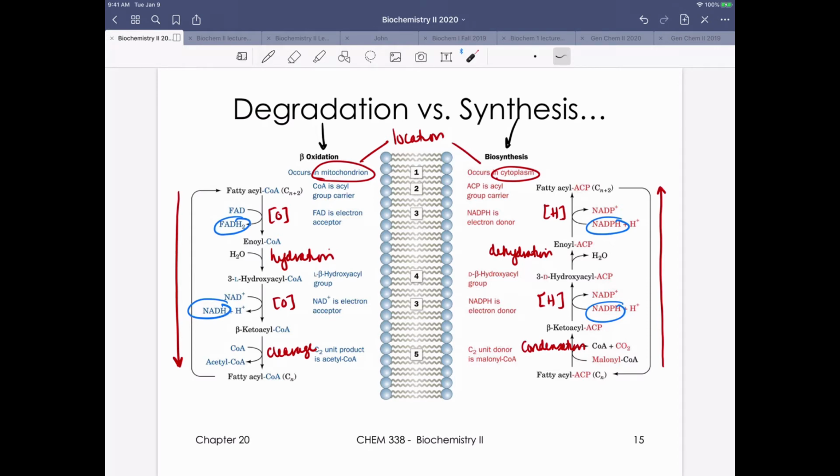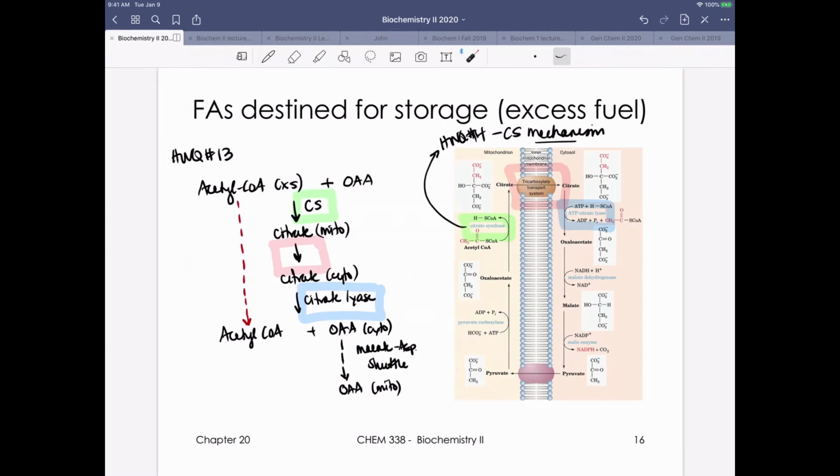So the 30,000-foot view again of fatty acid synthesis is condensation, reduction, dehydration, reduction. And one of the things that's key too is the cofactors that are required for this reductive biosynthesis in both steps are going to be NADPH. And we talked about where we get NADPH, right? We get NADPH from the pentose phosphate pathway. That's how we synthesize that.